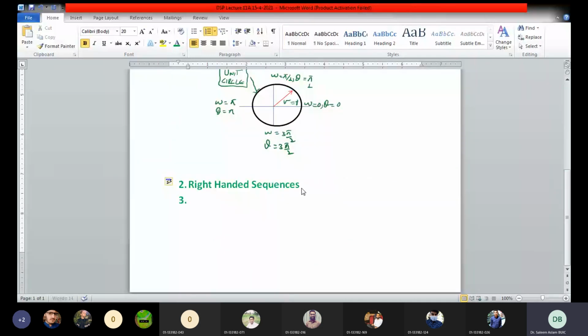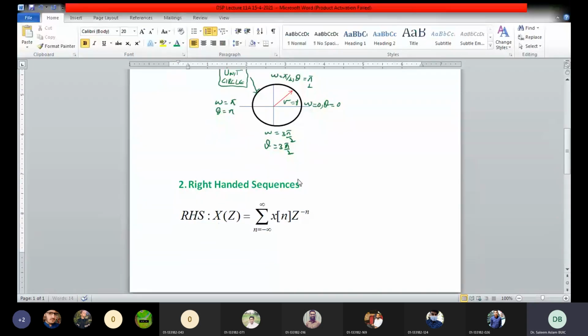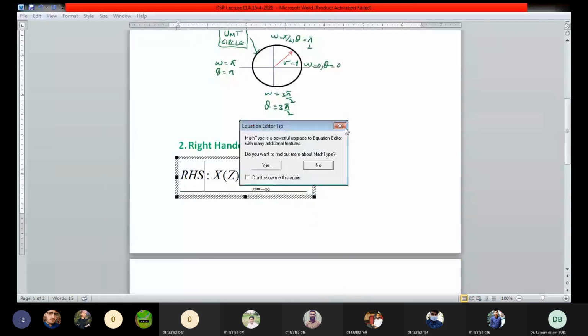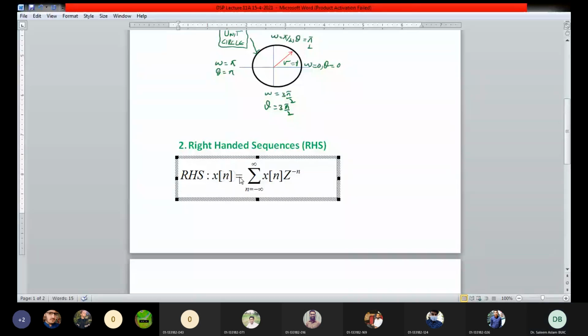Let me write the expression. Right-handed sequences. We use the term RHS for right-handed sequences. And right-handed sequences are denoted by x of n equals a to the power n, u of n.